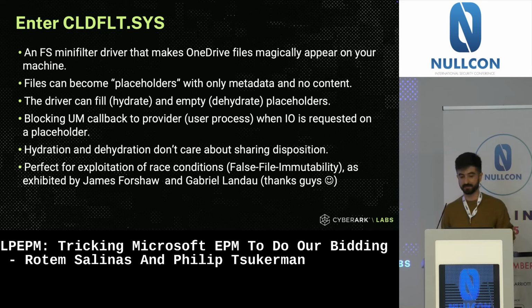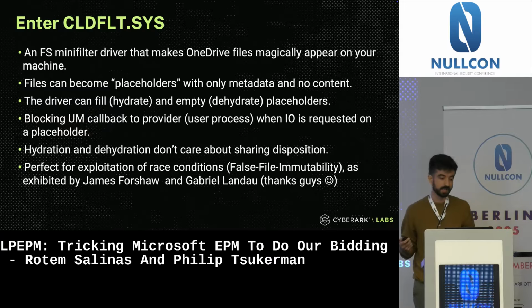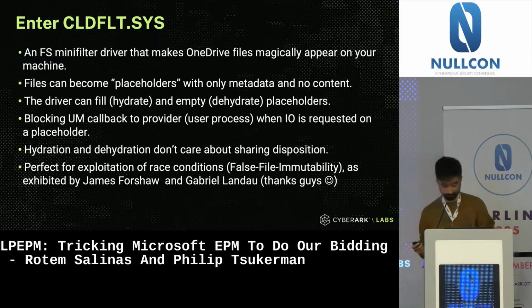And this kind of trick was discovered by Gabriel Landau of Elastic and James Forshaw of Google, and a side effect of this is making the race condition a bit more complex, because now every time of check or time of use, every single fetch, isn't every time you open the file and receive a handle, but actually every single I/O request that you get to a non-existent part of the file.